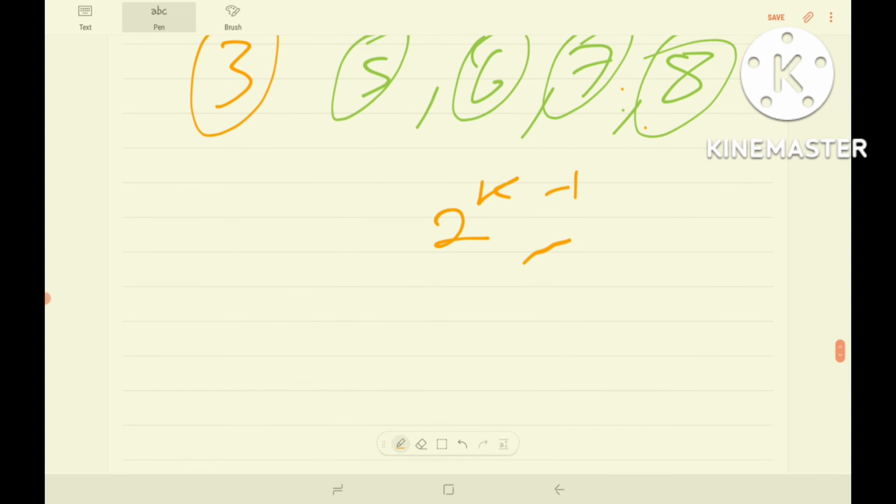So basically, after k steps, you have 1, 2, 3, 4, dot dot dot, 2^k kinds of new accessibility.